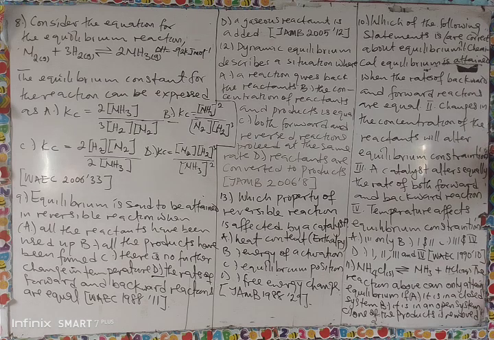Then 3, catalyst alters equally the rate of both forward and backward reaction. That's correct, but it does not affect equilibrium position. Then 4, temperature affects equilibrium constant. Yeah, temperature, pressure, and concentration. So answer is 1, 2, 3, and 4. That's option D.